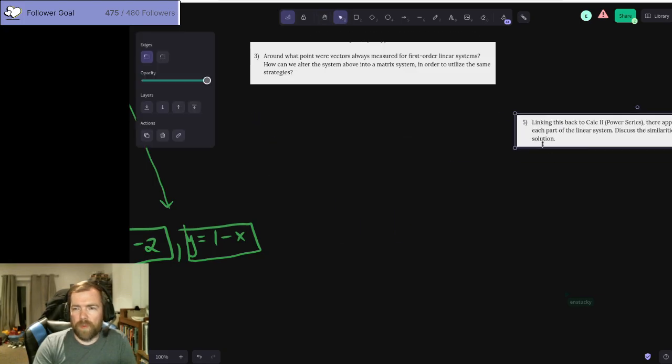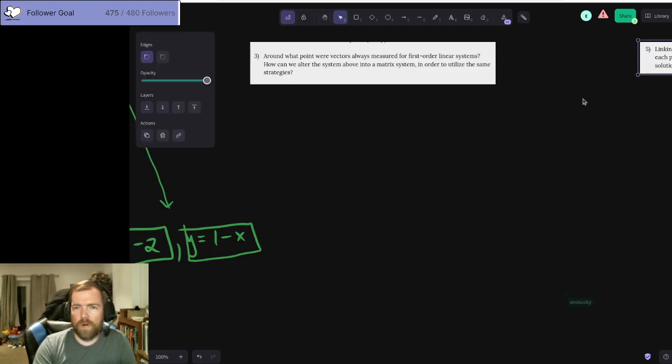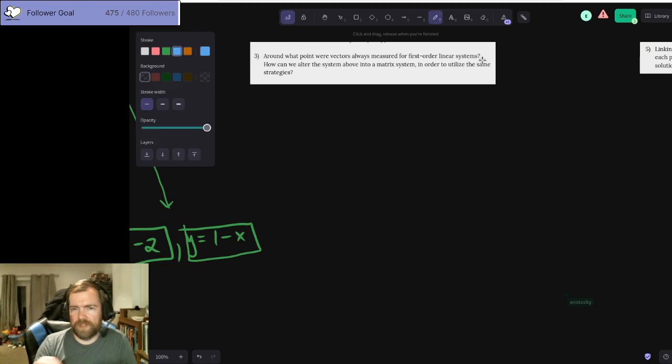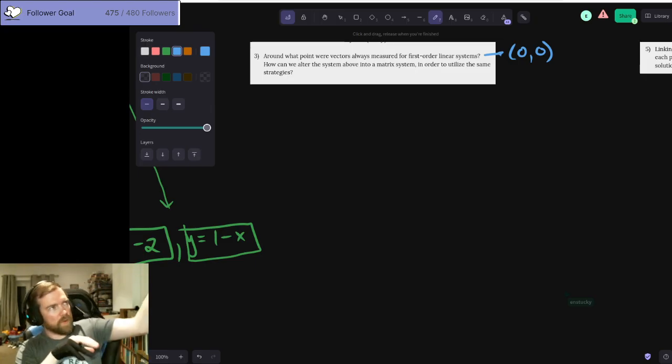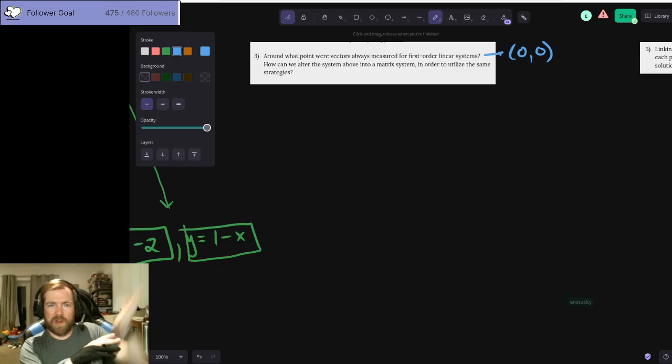So around what point were our linear systems vectors always measured from? Around the origin. Right, so we started at 0, 0. From this particular point, we went out a particular vector, and that was our eigenvector.